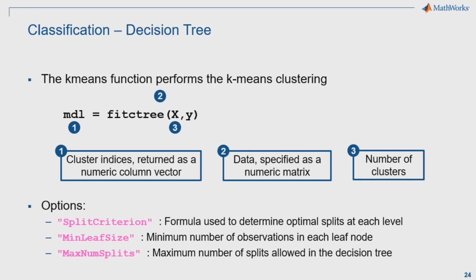In particular, there are some options that you can specify, and these options are especially useful for the things I explained before on the training process. Some options are the splitting criterion, the minimum leaf size, and the maximum number of splits. The maximum number of splits decides how many branches can be obtained at maximum based on a test on an attribute.